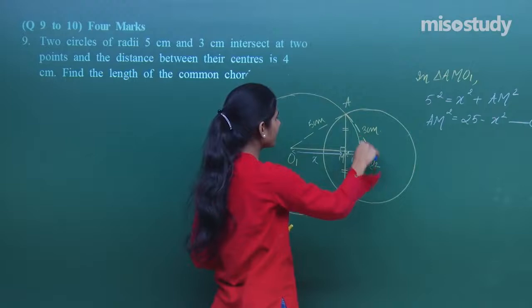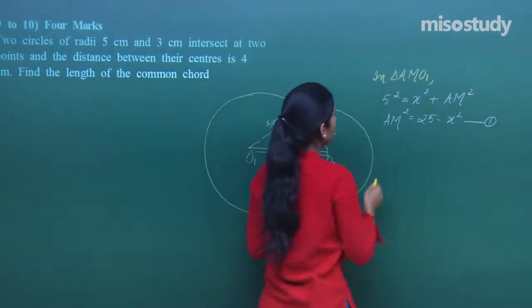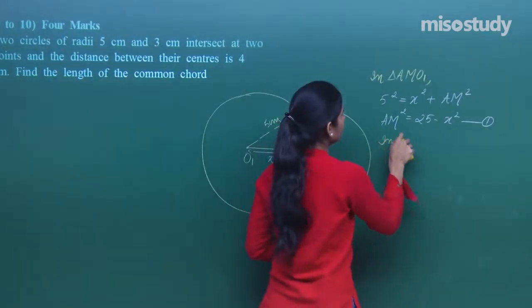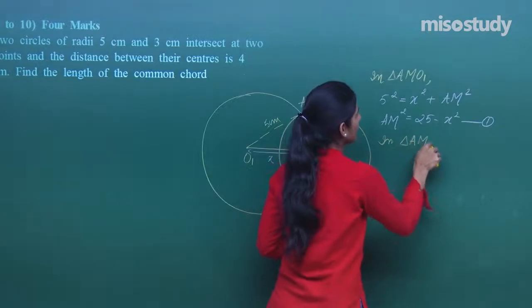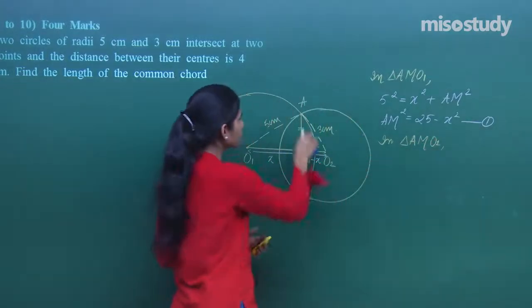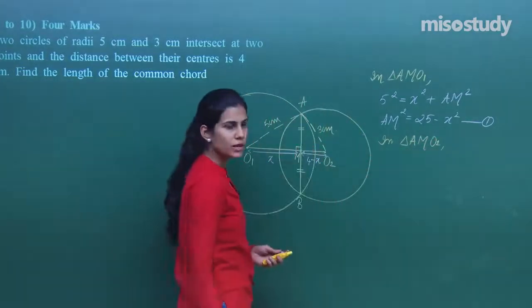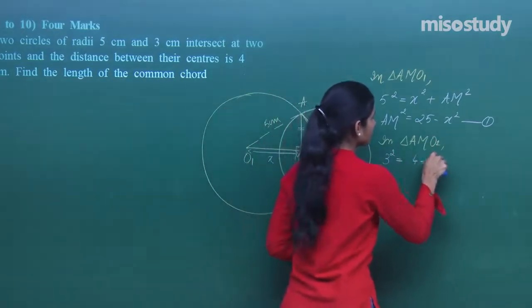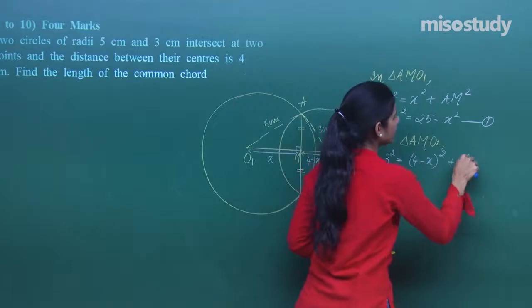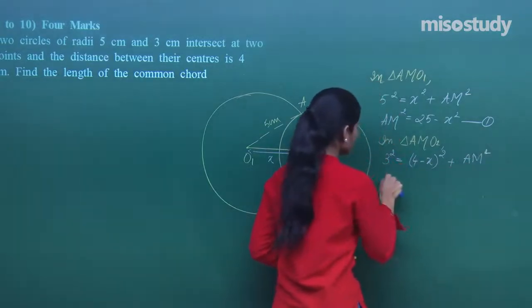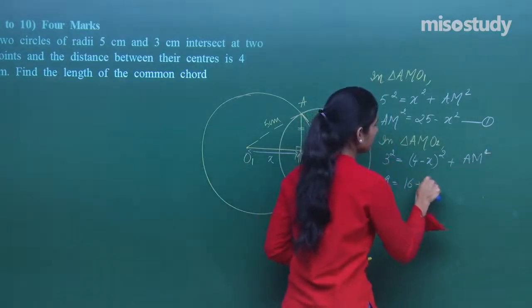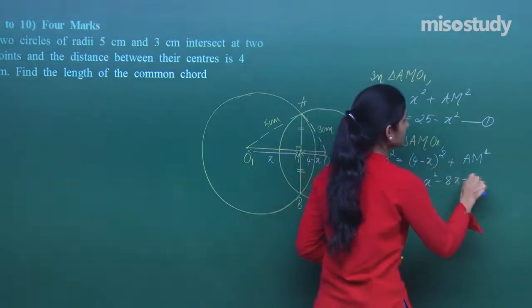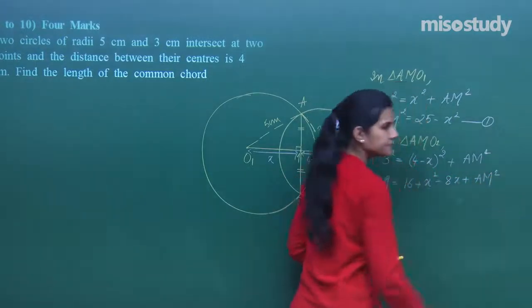Let's talk about this triangle AO2M. So in triangle AMO2, again hypotenuse square is equal to base square plus perpendicular square. So 3 square will be base square, which is 4 minus x whole square, plus AM square. So you will have 9 is equal to 16 plus x square minus 8x plus AM square.